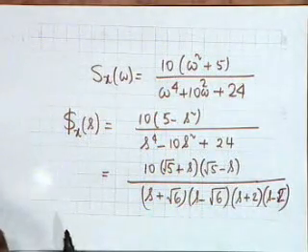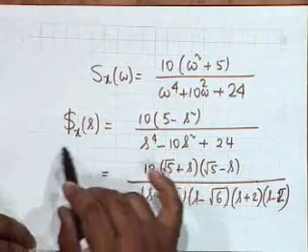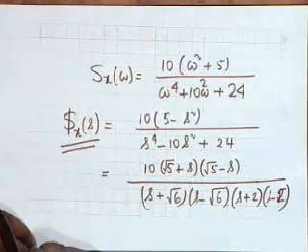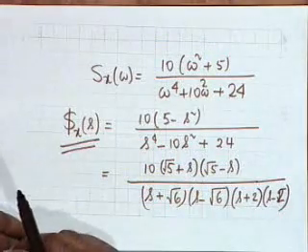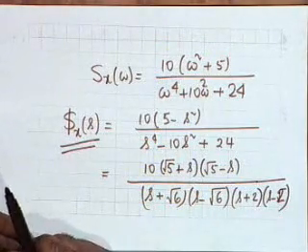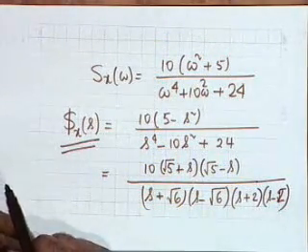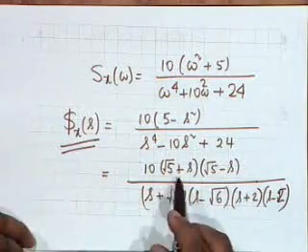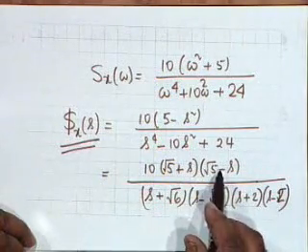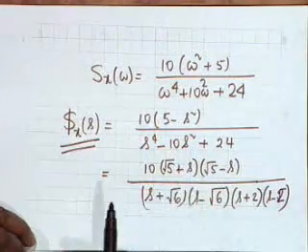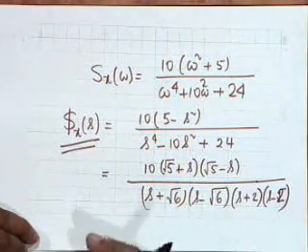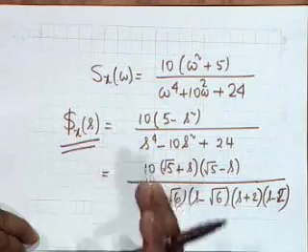All right. Now, you notice that the analytic continuation is a rational function in s, and therefore it can be represented by its poles and zeros. And you notice that the zeros occur in symmetry around the j omega axis.